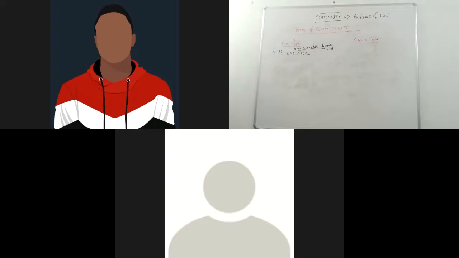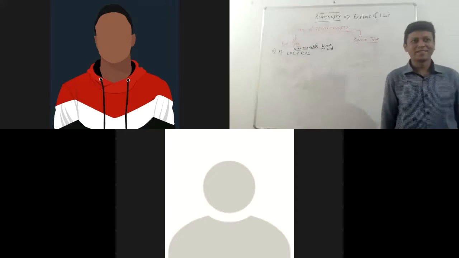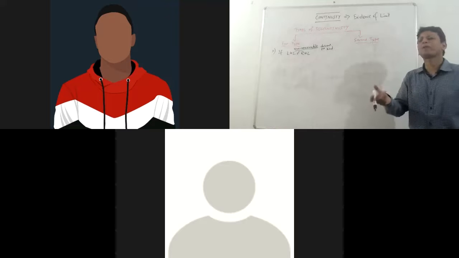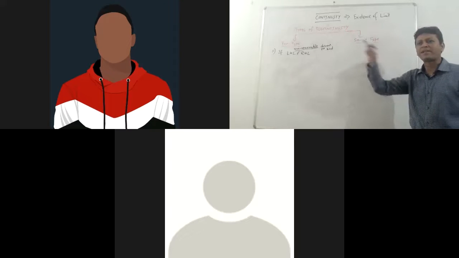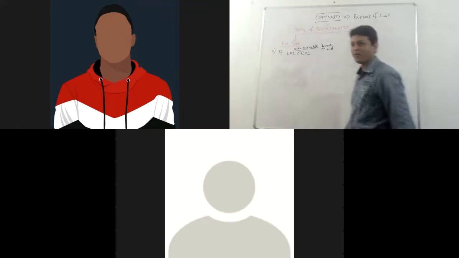In advance, there are some questions about identifying the different types of discontinuity. Match column 1 to column 2, different types of discontinuity. That is a good question. Maybe there will be 4 options: removable, first kind, second kind, jump, and all this. You have to identify the discontinuity.